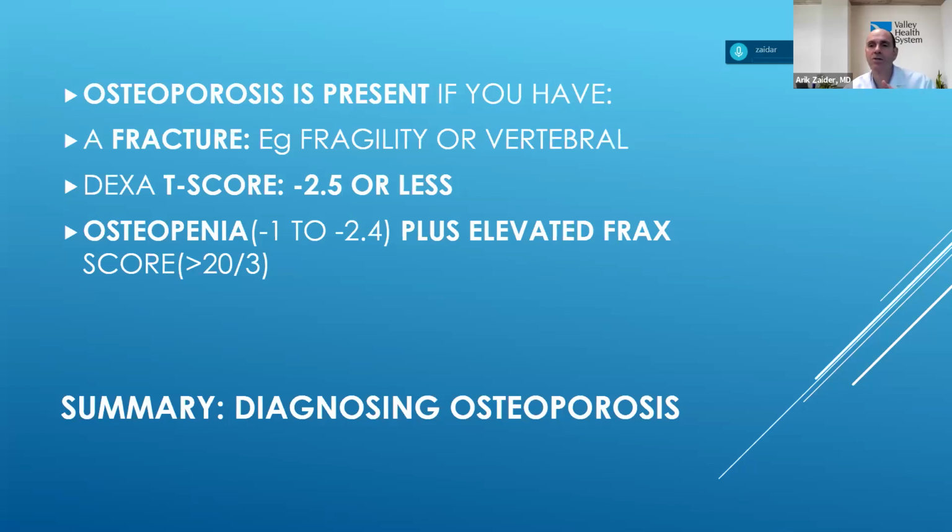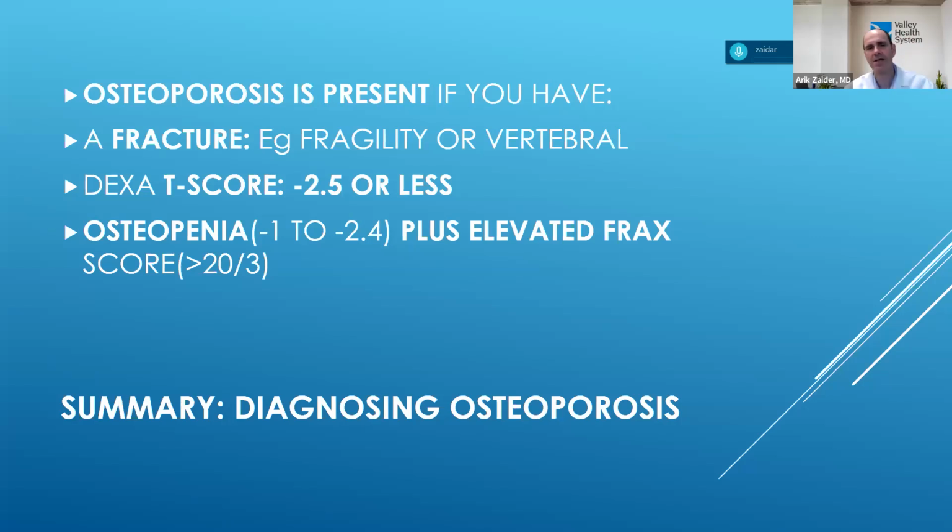If the T-score is -2.5 or less, that equals osteoporosis. If the T-score is not quite -2.5, it's not that low, then you bring the FRAX into the picture. And if the FRAX is 20/3, this is the kind of thing we do all the time, or if the FRAX is high enough, that FRAX plus a lower T-score also equal osteoporosis, and you're also concerned about it.